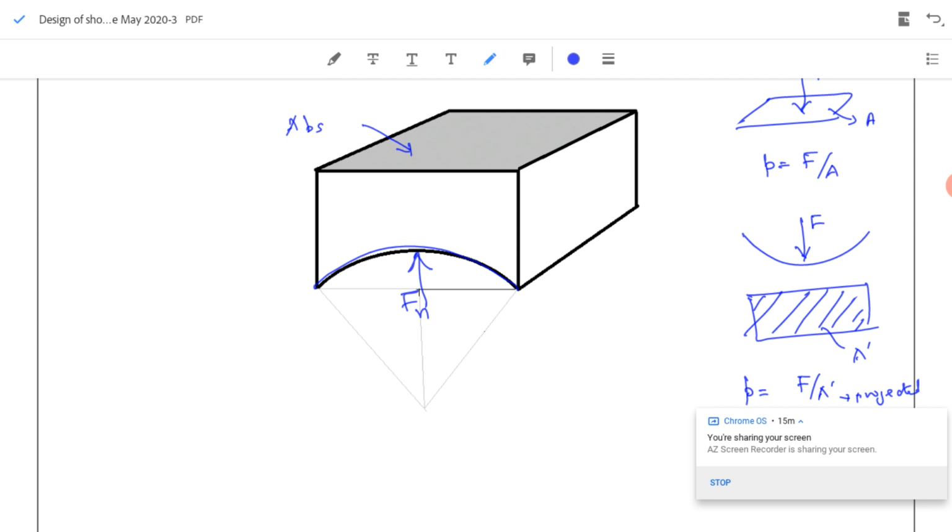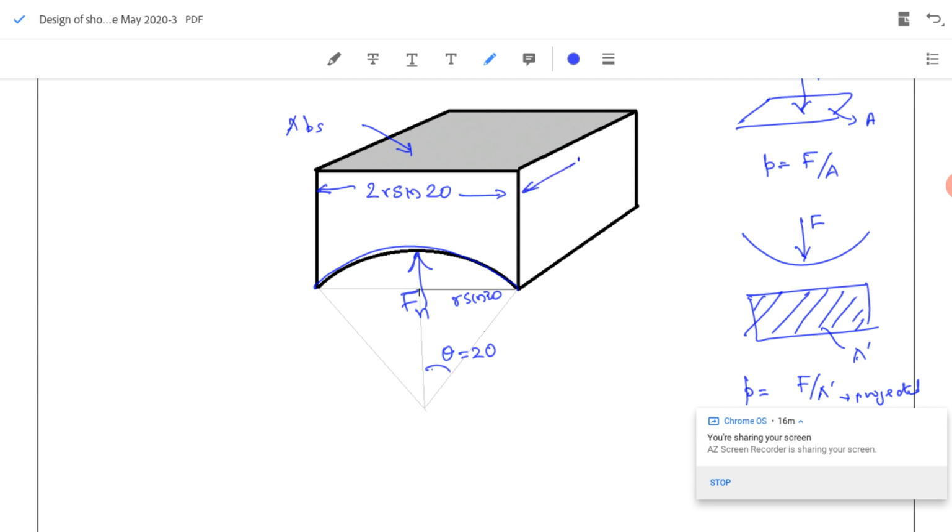Here this angle is theta, R sin 20, theta was given as 20 degrees, so this total length will be equal to 2R sin 20.